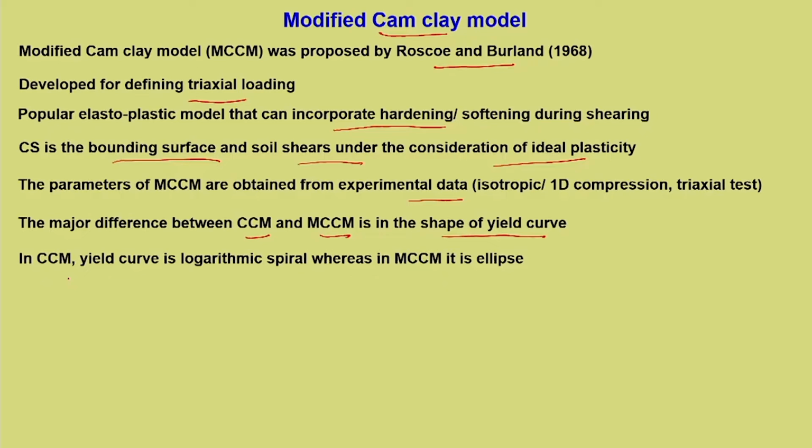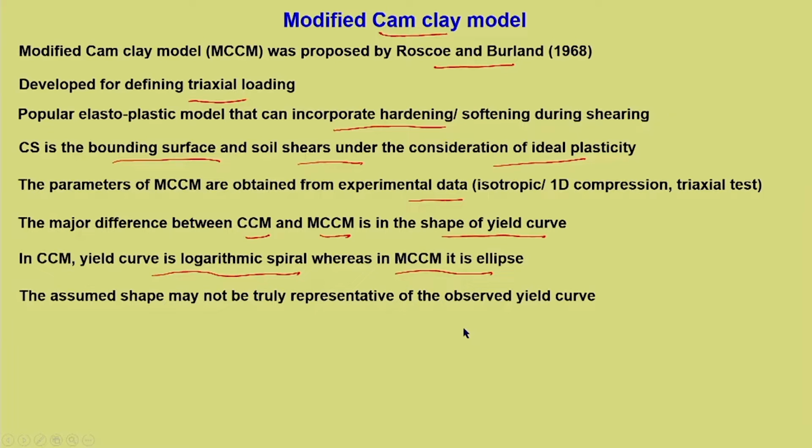The earlier one we have seen is a logarithmic spiral. So, in Camp-Clay model the yield curve is a logarithmic spiral, whereas in MCCM it is an ellipse. Now, ellipse defines a more symmetrical and regular shape. It is not about symmetry, it is about the corners. Like in the logarithmic spiral, we have seen that it comes and meets at a particular point.